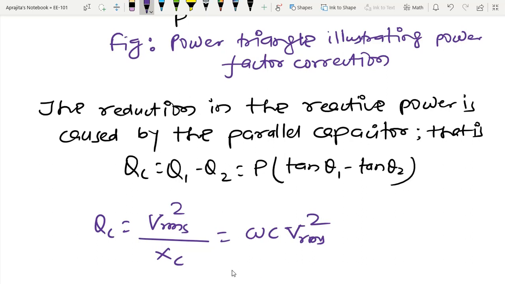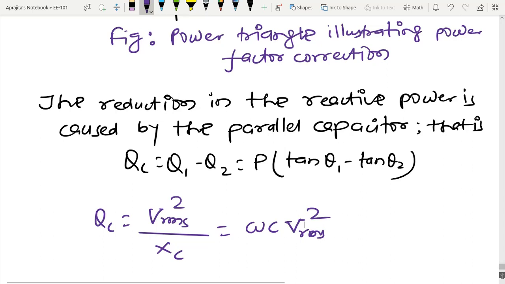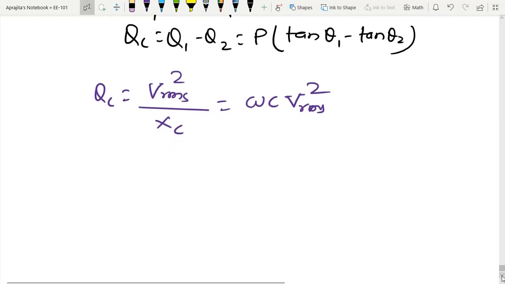So using this, I am able to understand how strong a capacitor I have to add in parallel with the inductive load.